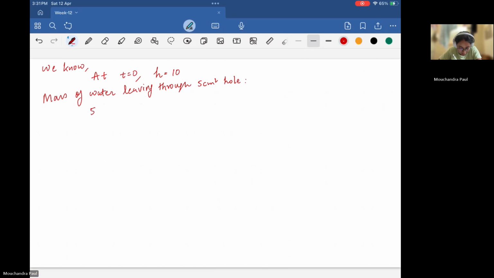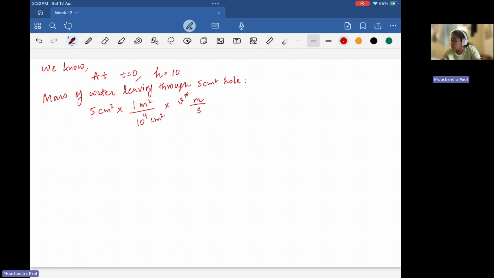So 5 centimeters square is the area of the hole. We know 1 meter square is 10 raised to the power 4 centimeters square. Let's consider a variable v star, which is the velocity.